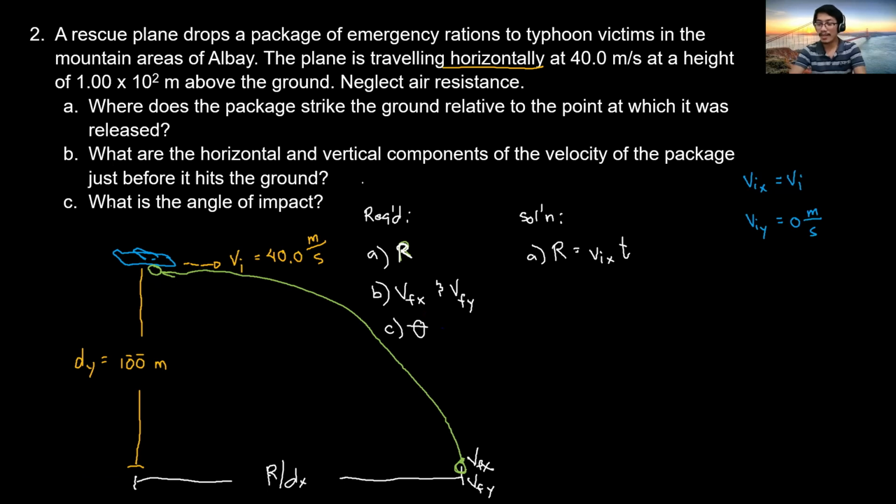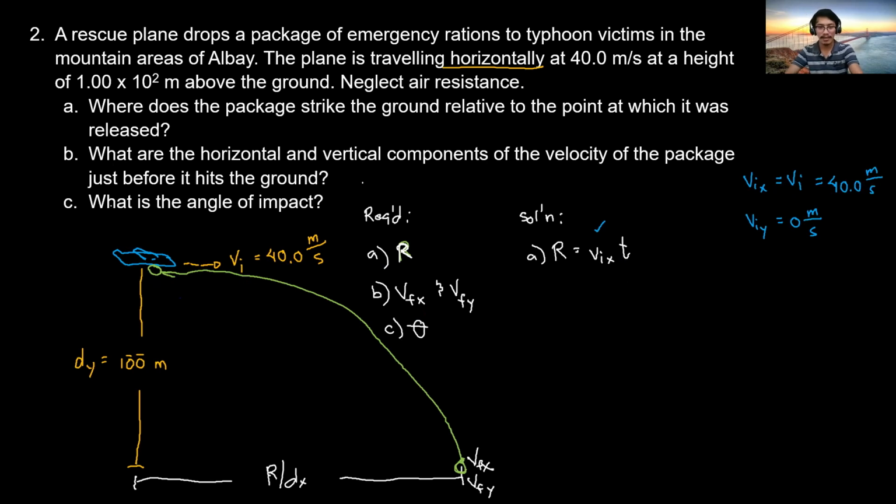That is always the given kapag case 2, horizontal and then elevated. So Vix is equal to Vi, given ito. Given si Vix, and that is 40.0 meters per second.